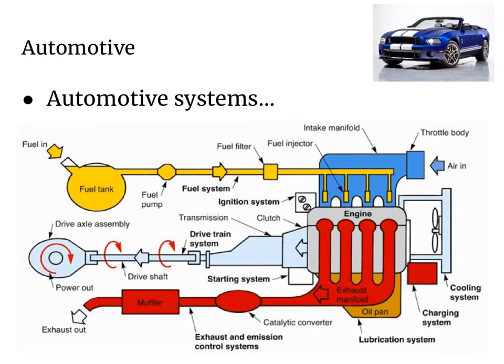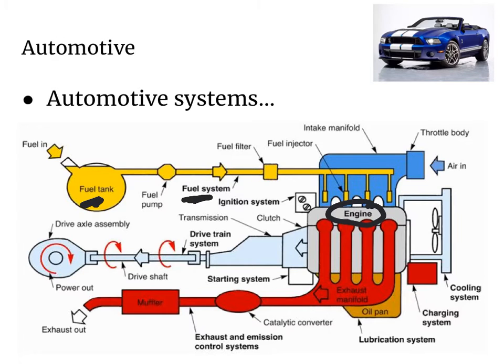Here's a diagram that talks about how all the different automotive systems work together. You can see how all the systems have different parts, and they all work together to get the engine working efficiently. One of the examples that you can see is you have your fuel tank, which allows fuel to run through the fuel system to go to the engine.